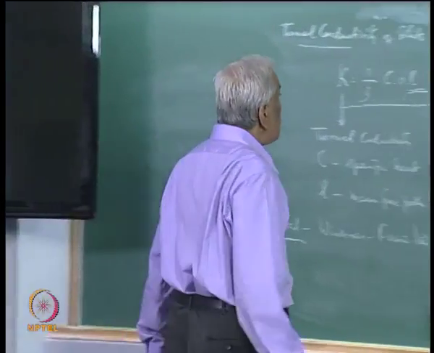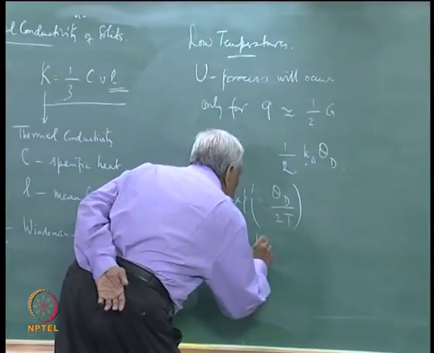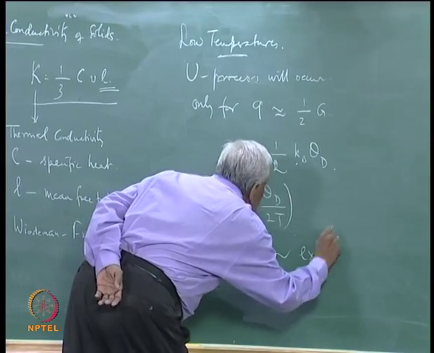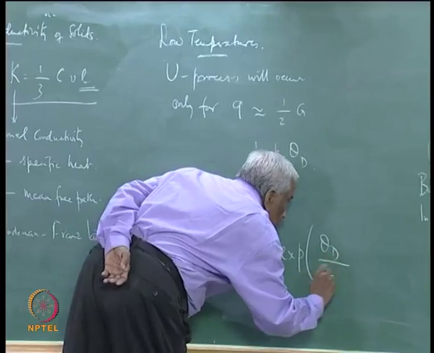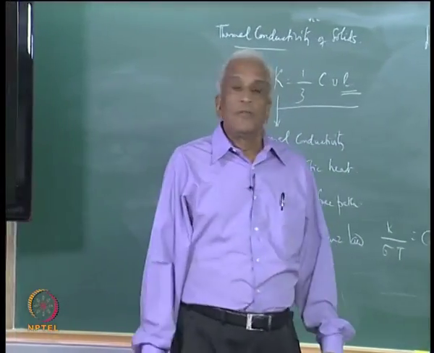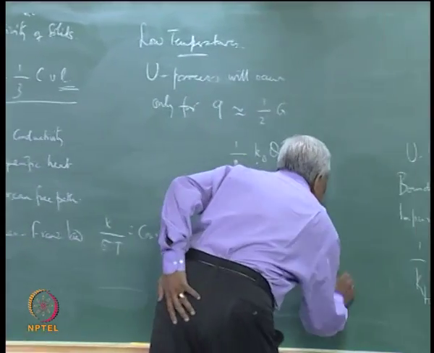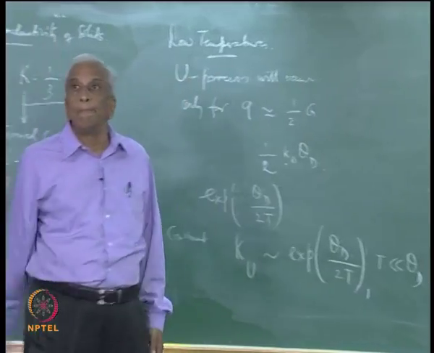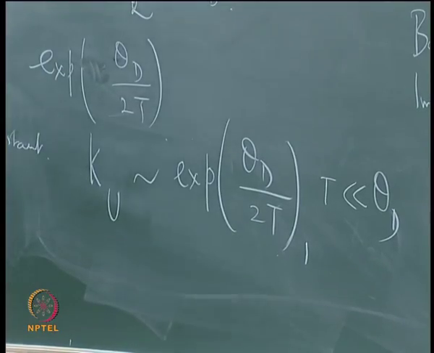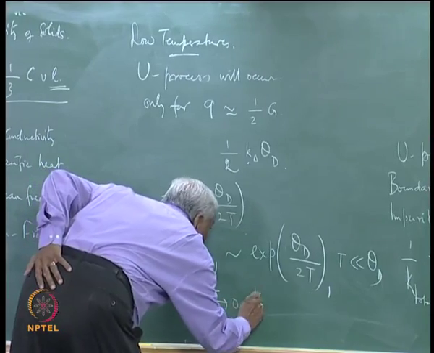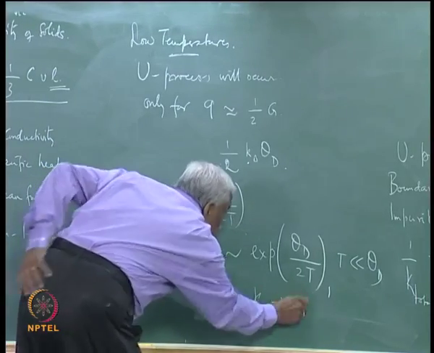Correspondingly, the thermal conductivity for the U process will also go as exponential theta D by 2T for T very small compared to theta D. This means as T tends to 0, this tends to infinity.